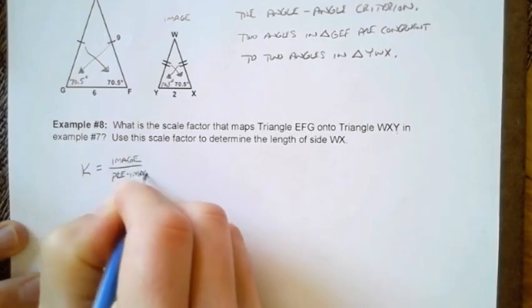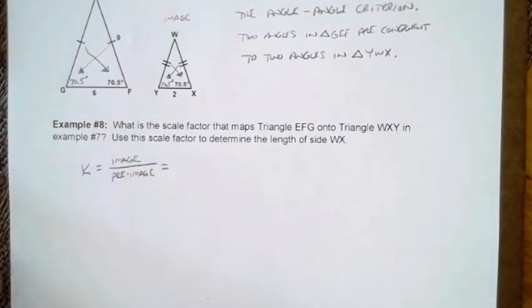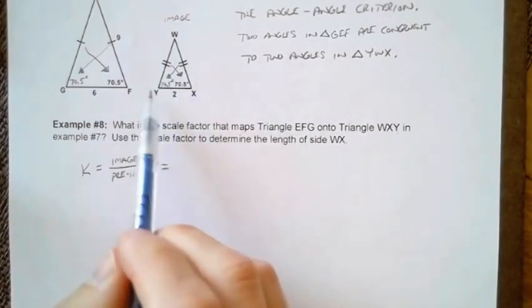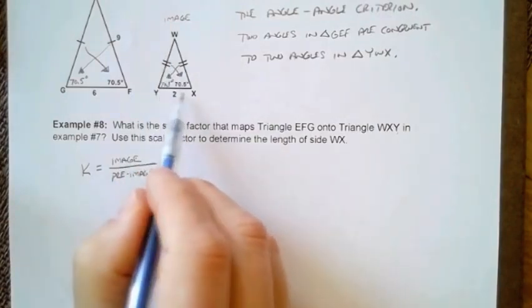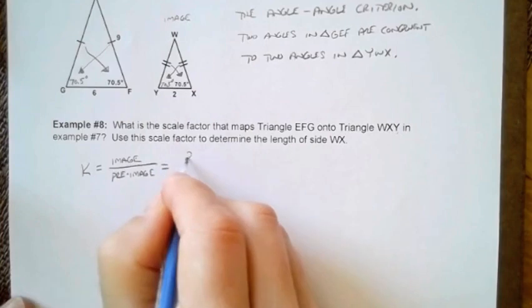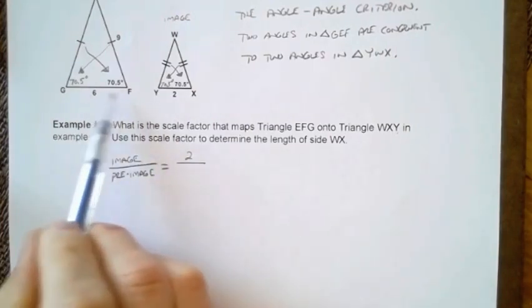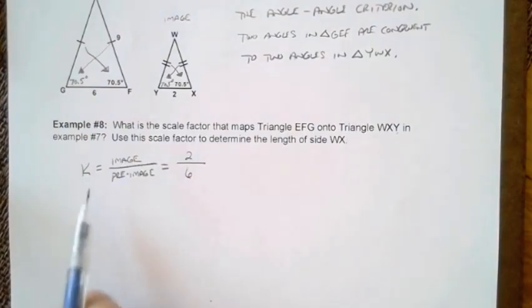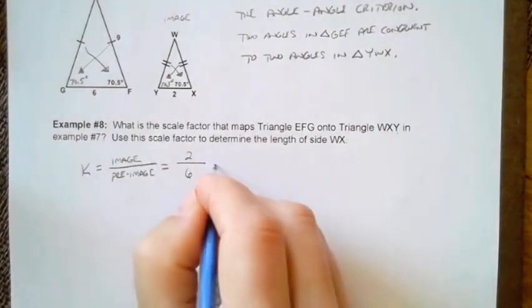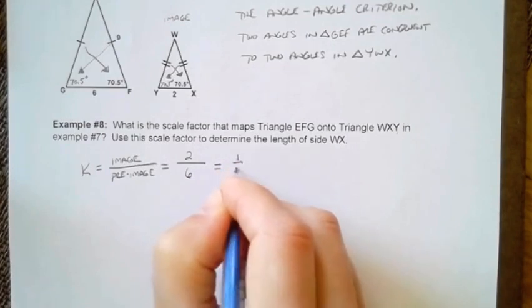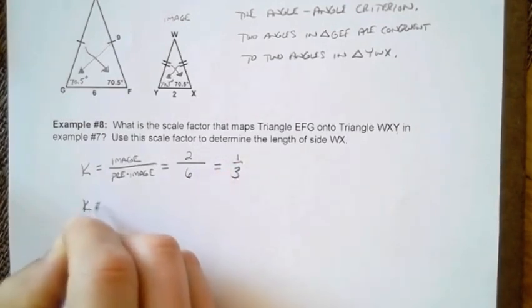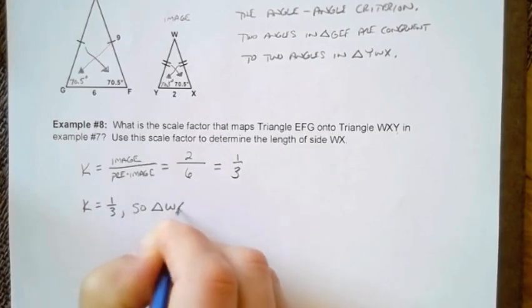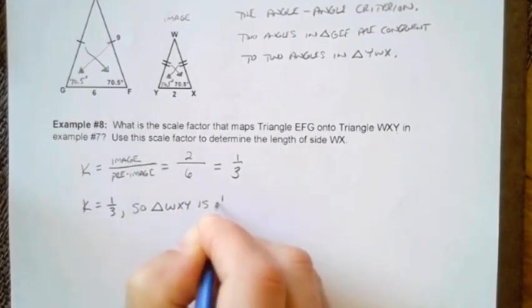On triangle WXY, which is the image, I know that YX is 2, and that corresponds to GF on the pre-image, which is 6. So the scale factor is 2 over 6, which simplifies down to 1/3. K equals 1/3. So triangle WXY is 1/3 the size of triangle EFG.